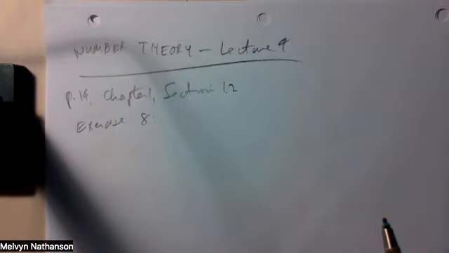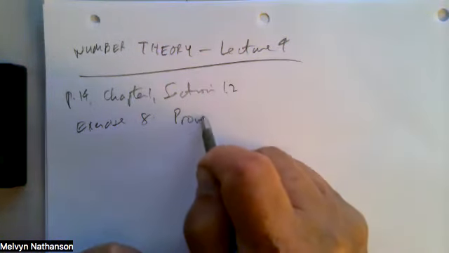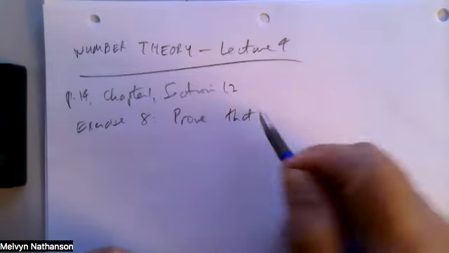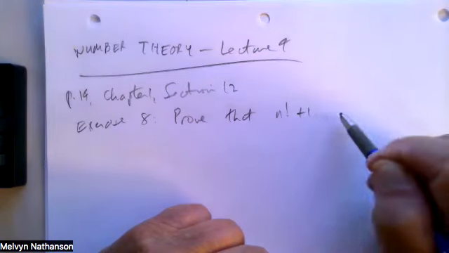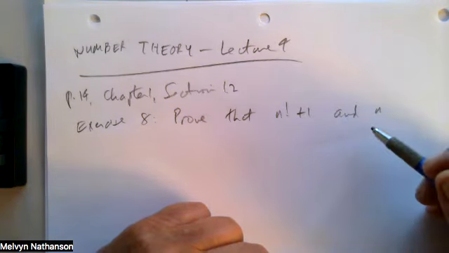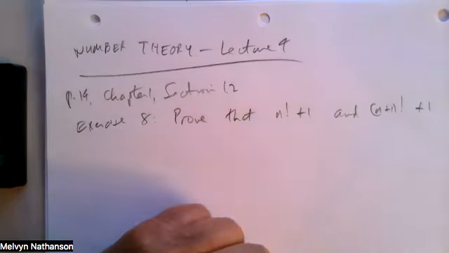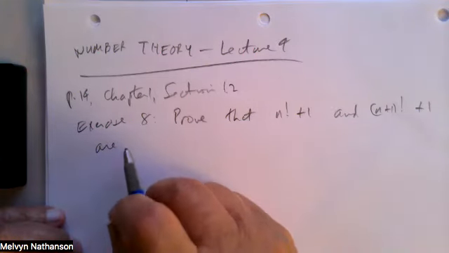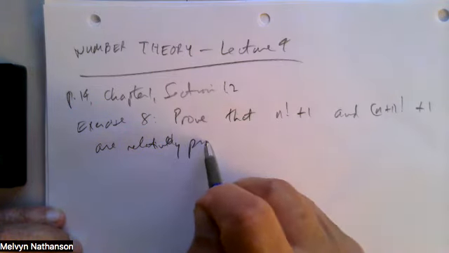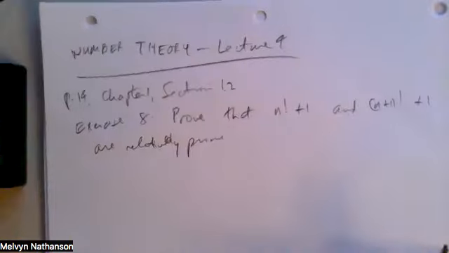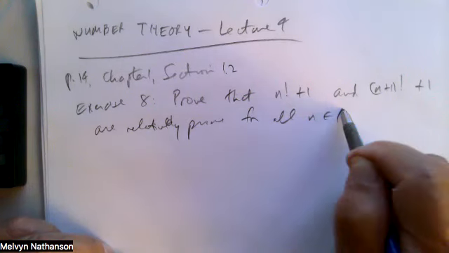And exercise 8 says to prove that the two integers, n factorial plus 1 and n plus 1 factorial plus 1, are relatively prime for all positive integers n.